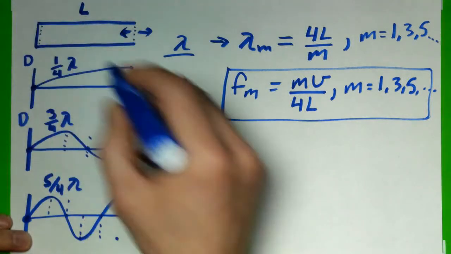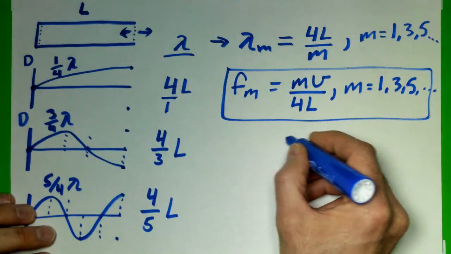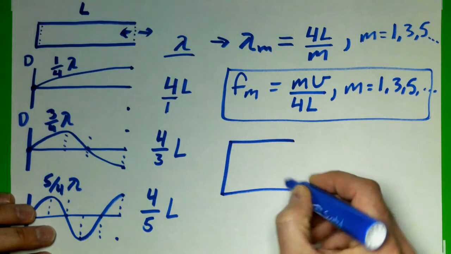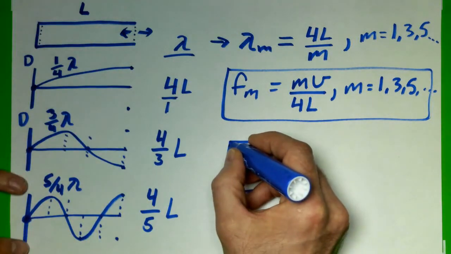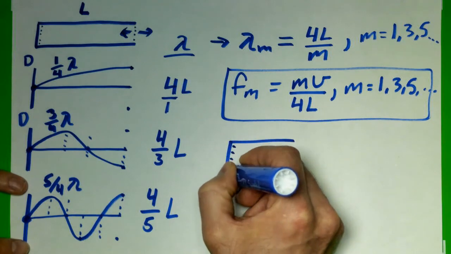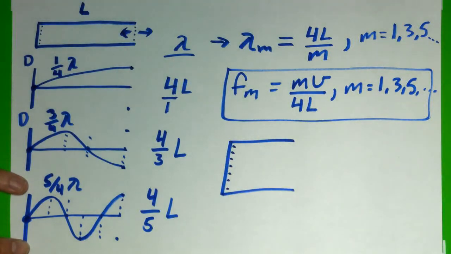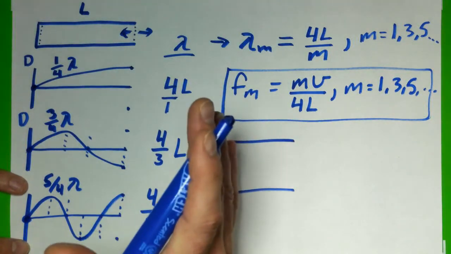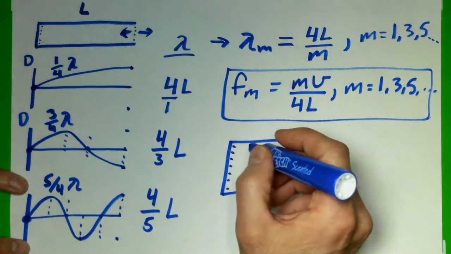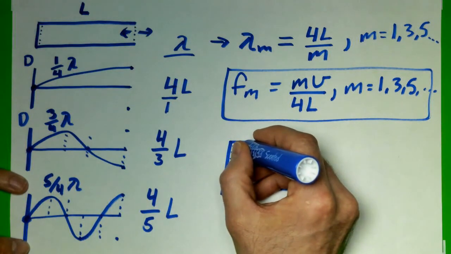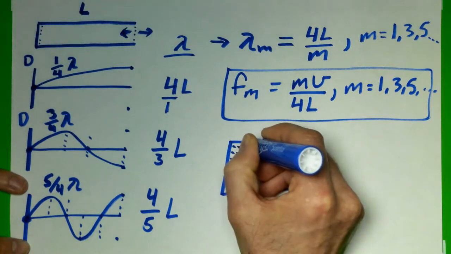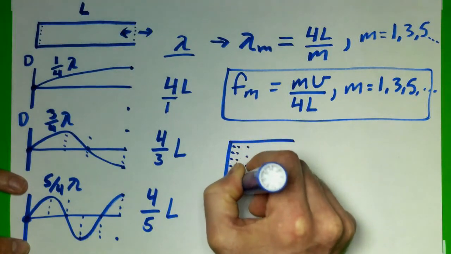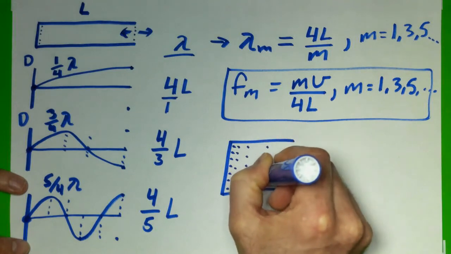So I'm going to draw this picture again a little bit bigger, just a piece of it, just this end piece right here, and think about what's happening to the air molecules. This one layer of air molecules can't move at all. It just sits there because it's stuck against this wall. Let's imagine at some time the air molecules are fairly compressed there, like this.